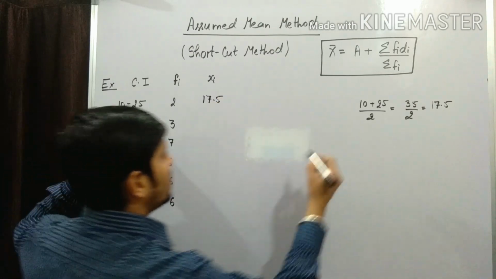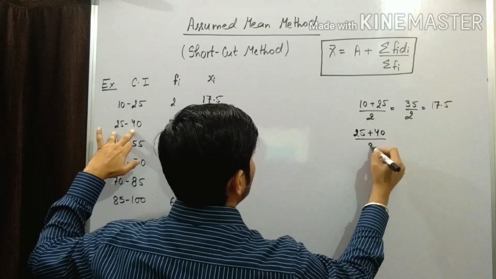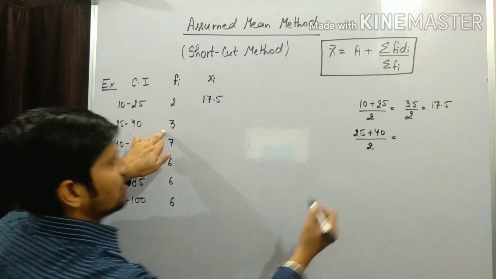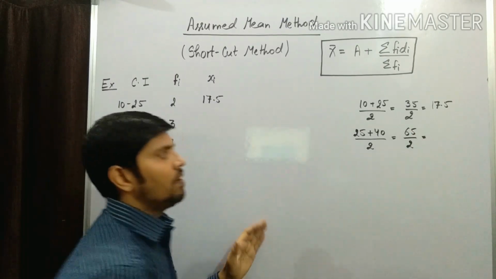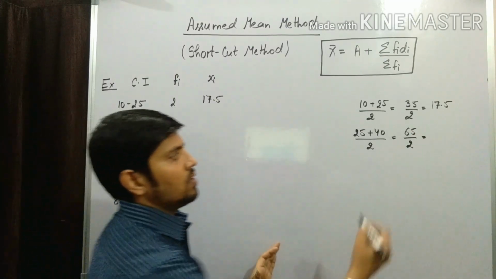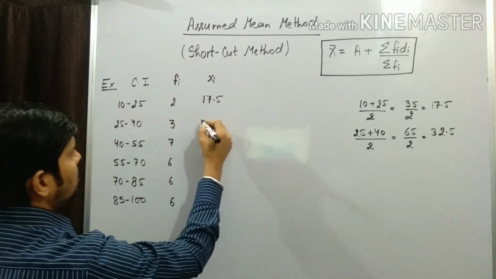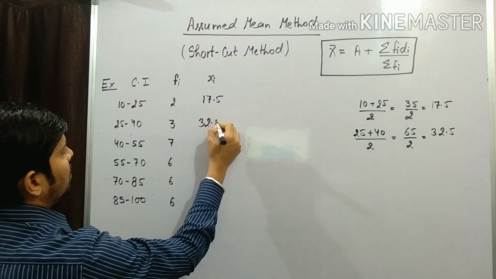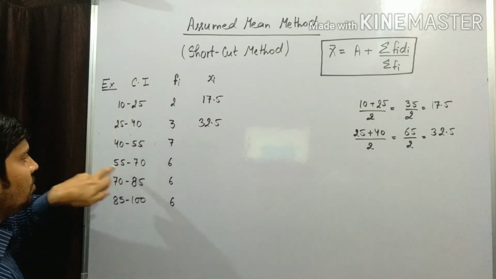Similarly, for the second interval we find 25 plus 40 upon 2, that is 65 by 2, which is 32.5. So we see here the difference is 15.